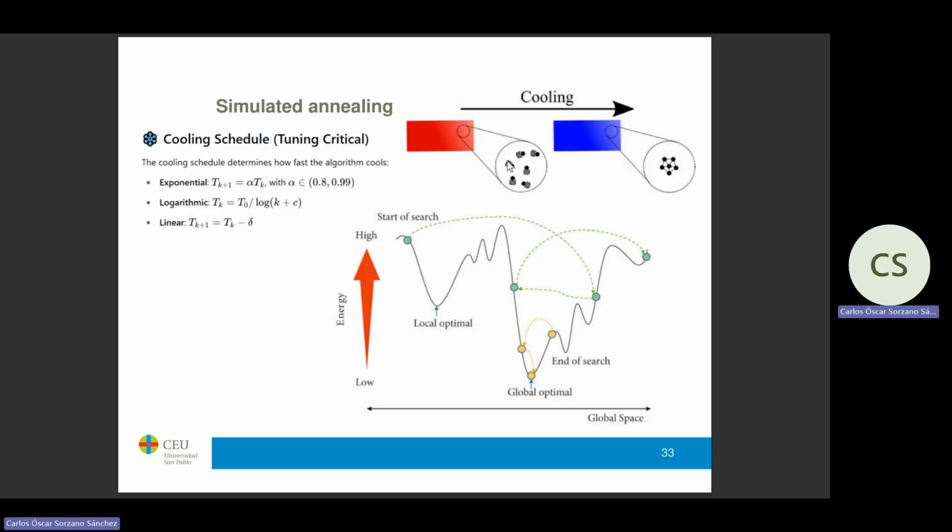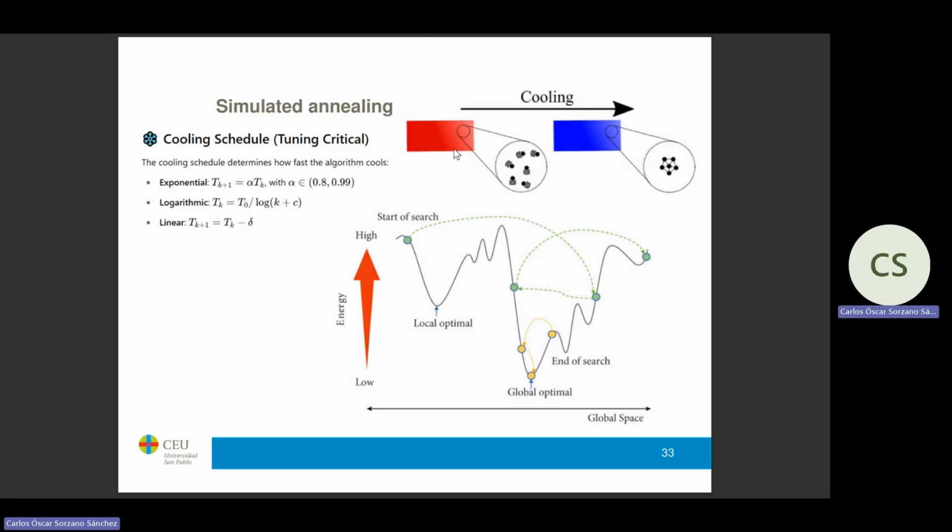The molecules in that hot material are randomly oriented. But then as the heat dissipates, each system has an energy, and all objects in nature try to minimize their energy state.